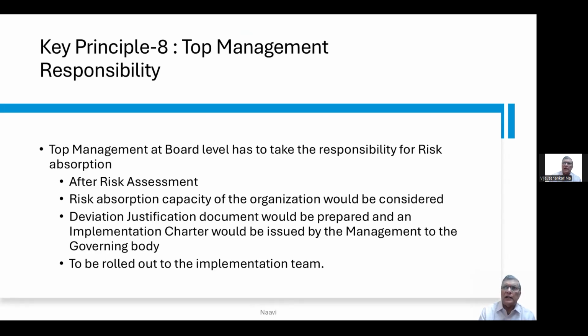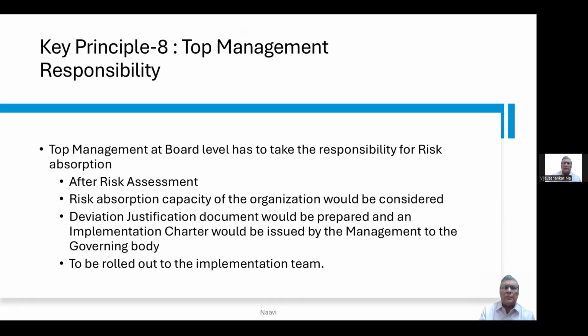And if they feel that the company has got some risk absorption capacity, and therefore certain compliance measures suggested in the gap analysis may have an adverse impact on the marketing of the activity, they may consider a decision to absorb that risk and adopt an implementation specification which is slightly diluted from the model implementation specifications.